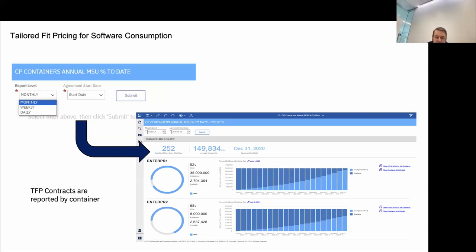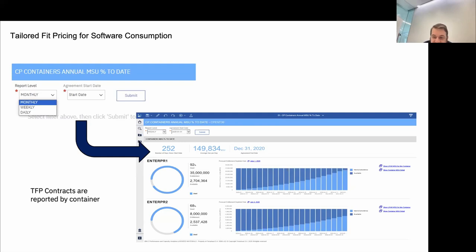So we've had this for a few years, but we're able to show you quite a lot of detail around tailored fit pricing for software consumption. So what you would define within your TFP contract is an entitlement around the number of MSUs that you will be expected to use over the next 1, 2, 3 years.